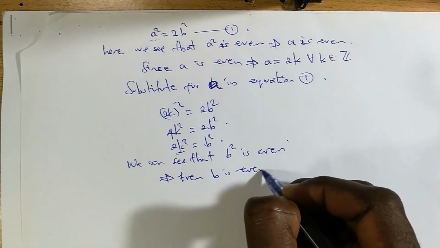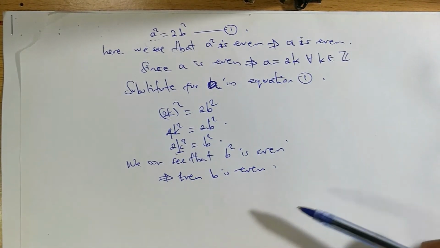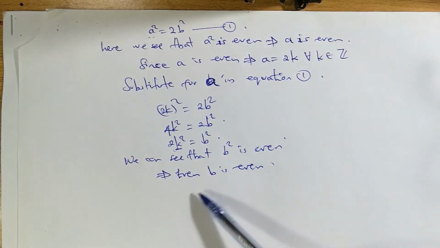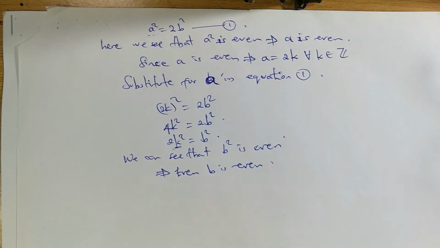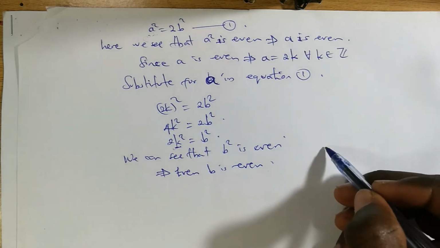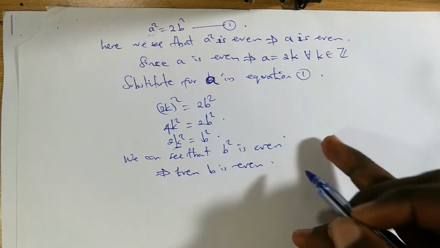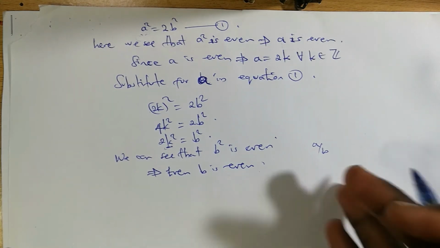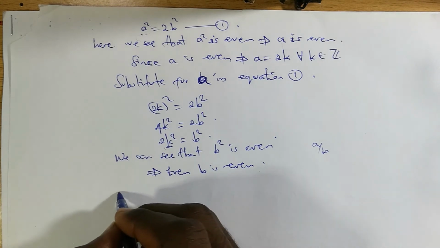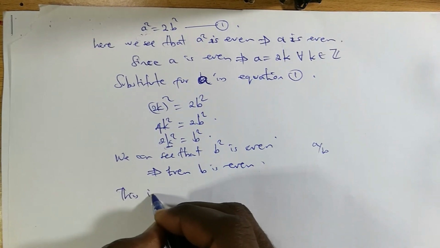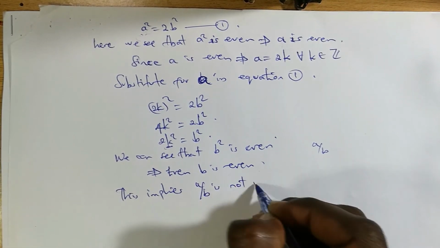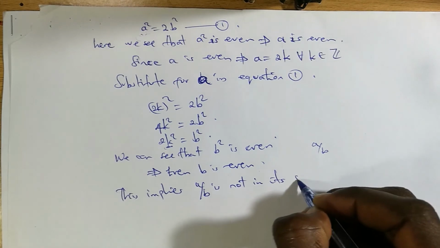Now we have both the integers a and b. We saw that a is even, and we also saw that b is even here. What does it mean? If we express it in the form a over b, there must be a reduction of the fraction, which implies a over b is not in its simplest form.